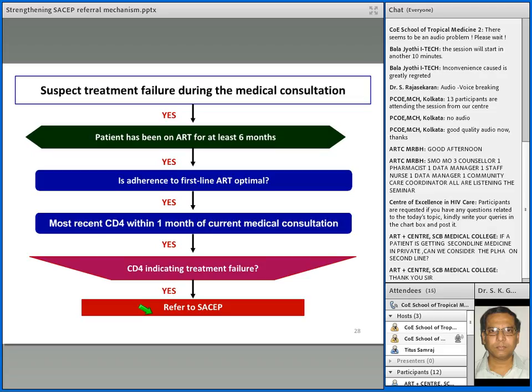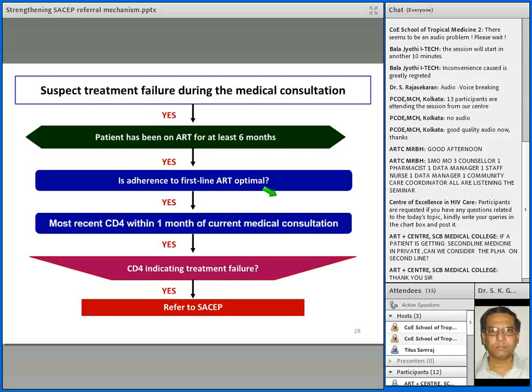If the patient is more than 6 months on ART, then you need to see how the patient's adherence to first line ART is. Is it consistently more than 95% adherence over the last 6 to 12 months? This is important. If not, then you need to find out what the problems are with this particular patient with his or her adherence.